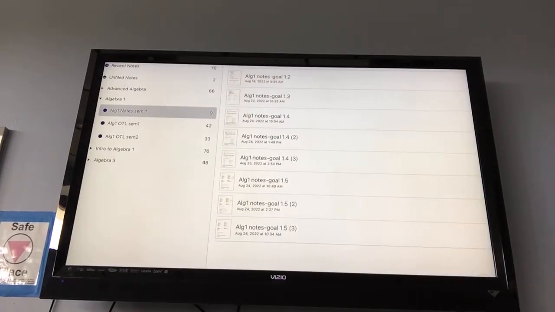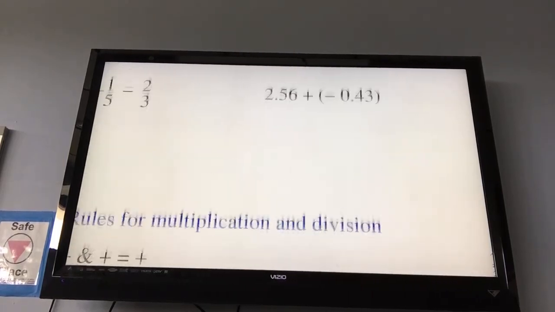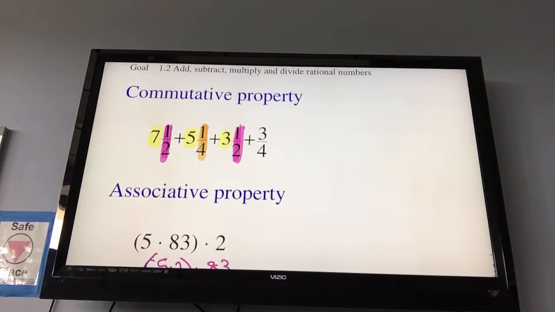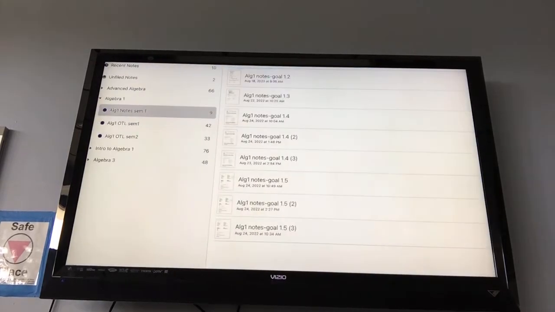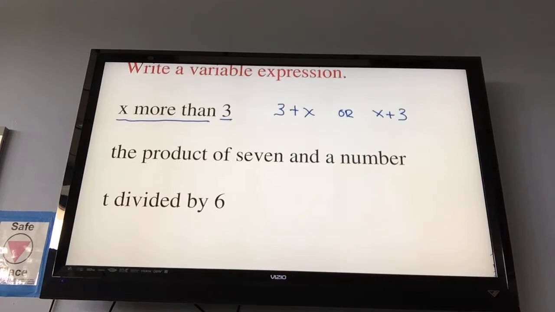Oh my goodness. Let's go back to your notes. The commutative property allows you to change the order when you're adding, and it doesn't change the answer. So although the answer is really 3 plus x, I will accept x plus 3. Okay?